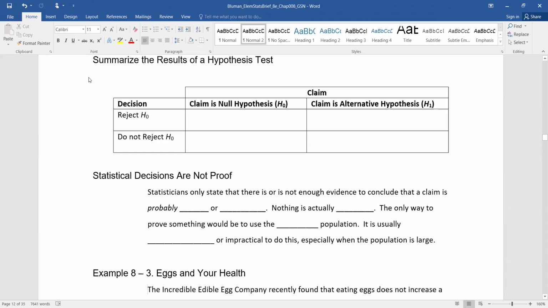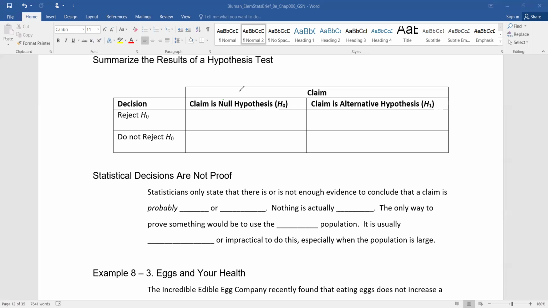So if we summarize the results of a hypothesis test, this is what will happen. If my decision is to reject the null and my claim was the null. So again, the null is always what it's equal to.